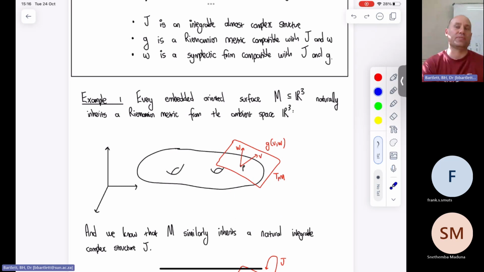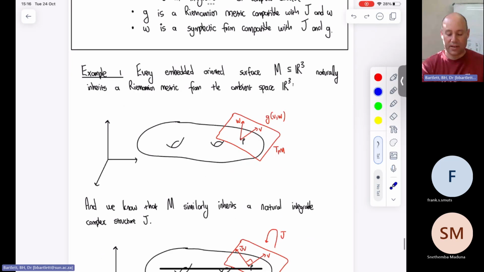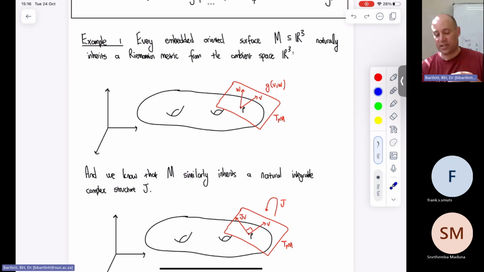So on these surfaces, I've got a natural candidate for what the metric should be. And of course, we already know what the complex structure is on these surfaces. Because we've got this tangent space, we've got a natural way of rotating counterclockwise by 90 degrees. Counterclockwise, I know what that means since it's an oriented surface. So on these surfaces embedded in R3, we naturally have this data that I'm looking for. I've got the almost complex structure, which is actually integrable, as we saw last time, and I've got a Riemannian metric.